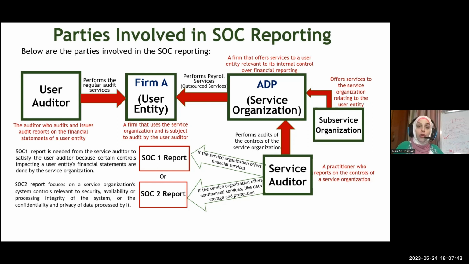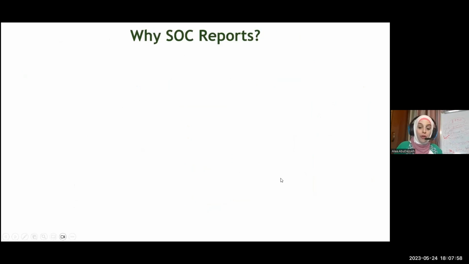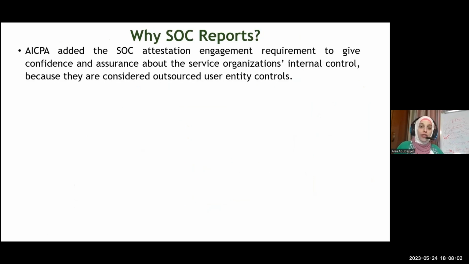We want all those to exist in the systems and the controls of the service organization, right? That is providing the cloud services, for example. And this is done by the service auditor who goes and performs the internal controls testing, in order to make sure that they have those controls.